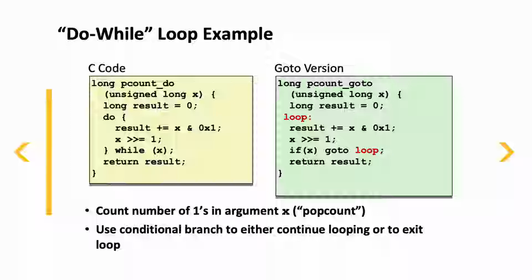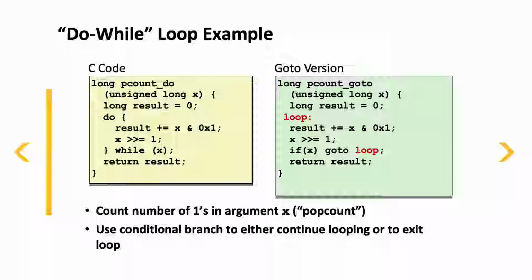Well, the good news is we can convert basically any of those things into a version that uses Goto instead of using the loop structure that we're used to. And that means, to understand this, we can actually take, say, a do-while loop, convert it to a Goto version, and then convert that into, right, the Goto stuff maps to our jump commands in assembly very nicely. So let's take a look at an example.